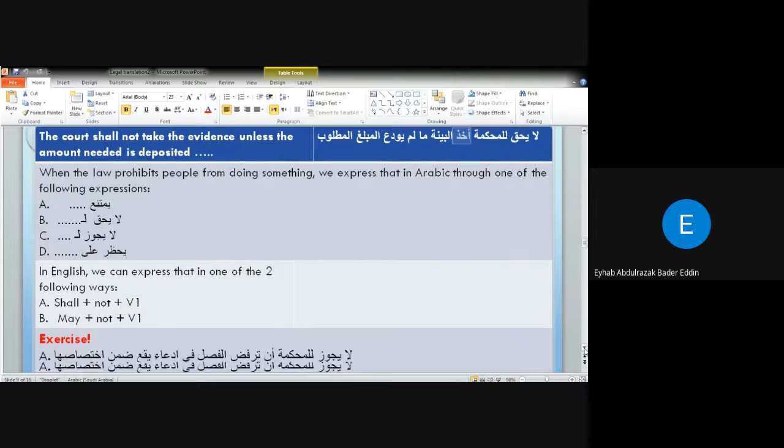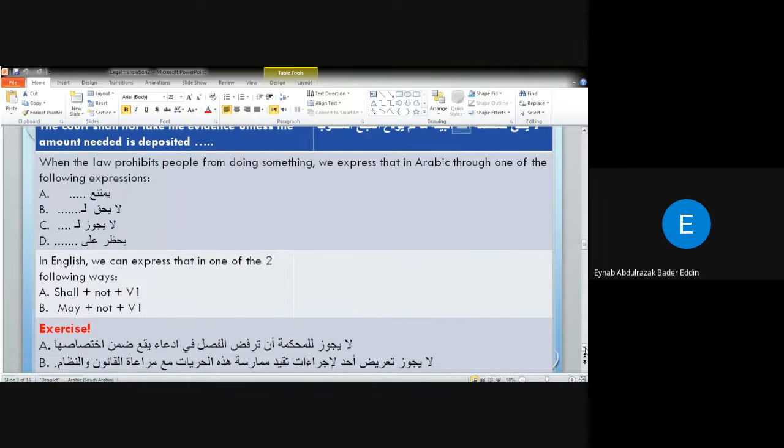And then I gave you two sentences here, as you see them. لا يجوز للمحكمة أن ترفض الفصل في ادعاء يقع ضمن اختصاصها. And the second one, لا يجوز تعريض أحد لإجراءات تقيد ممارسة هذه الحريات مع مراعاة القانون والنظام.